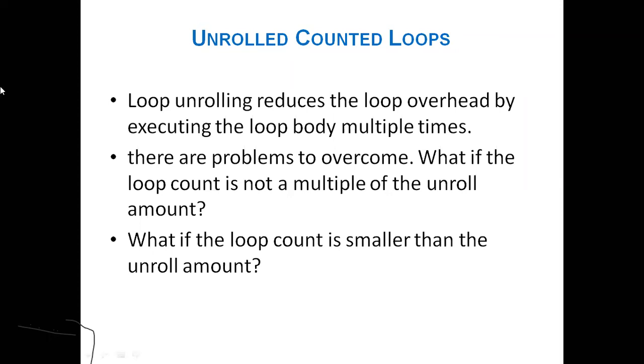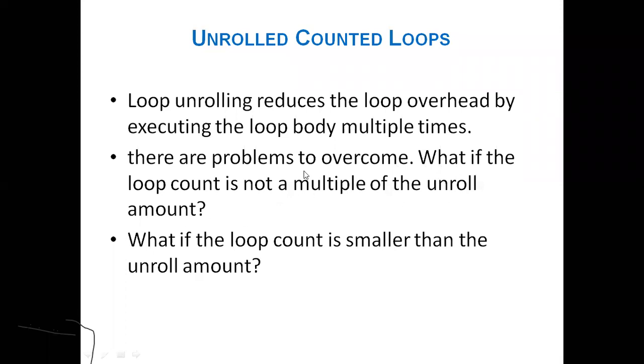So what it means is that I'll specify the number of times the loop should execute. Let us take the unrolling amount as 3, so for each loop you have to execute 3 times, right? If the loop count is not a multiple of the unroll amount, let us take an unroll amount of 3 and a loop count of only 7. 7 is not a multiple of the unroll amount.